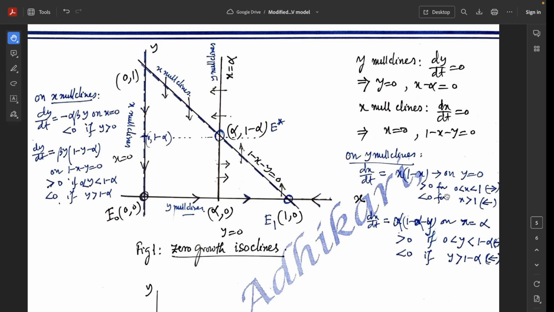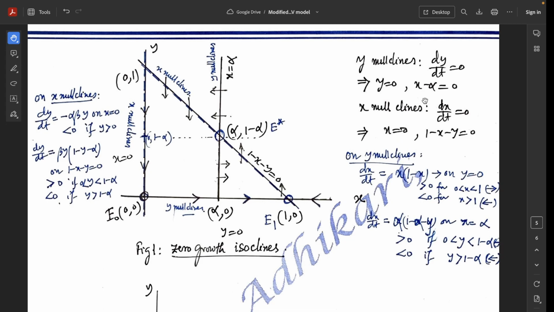And dx dt is negative on this y-null line y equal to 0 for x greater than 1. So put a left-sided arrow for this part, after x equals 1, when x is greater than 1.